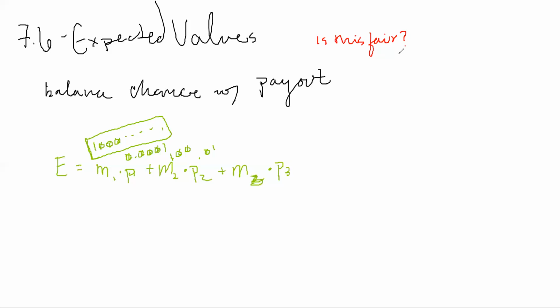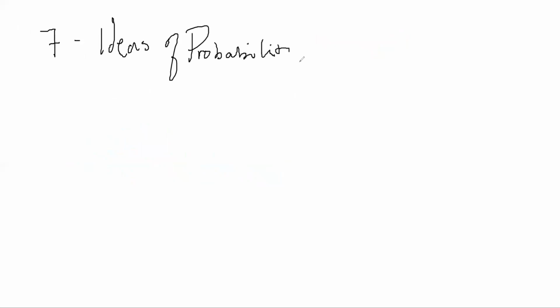Okay, so chapter 7 in general is just introducing you to the general ideas of probability. So tips I would have for you for tackling a chapter 7 type problem.